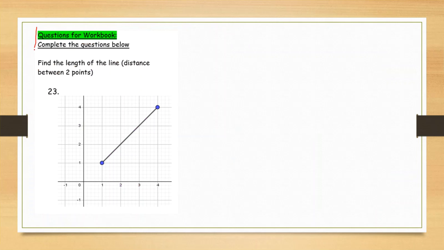Questions for your workbook? So try these before you listen to me do it. So pause the video, do it, and then see if you are correct. Find the length of the line. So we can draw in a right angle triangle.